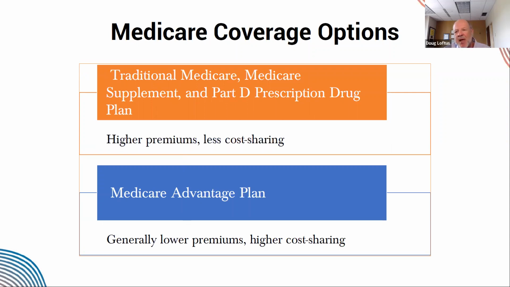But you're going to have copays for doctor visits. You're going to have copays for hospitalization, emergency room visits. You'll have out-of-pocket expenses up to a maximum out-of-pocket limit. So you'll generally, if you have medical claims, any level of medical claims, you'll spend more on your health care under a Medicare Advantage plan, but you'll spend less on your out-of-pocket premiums.